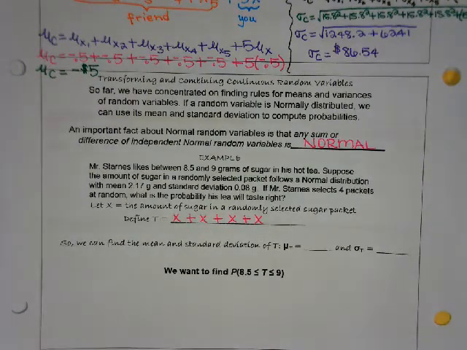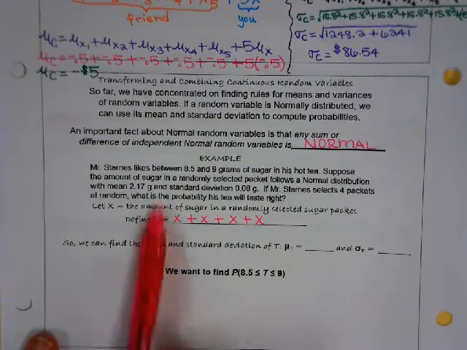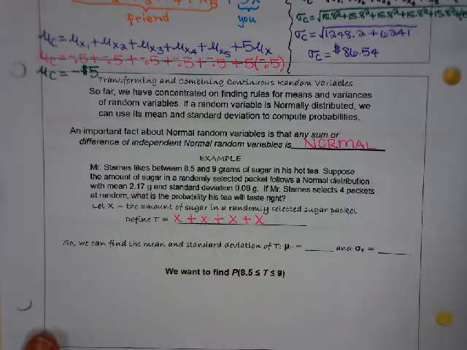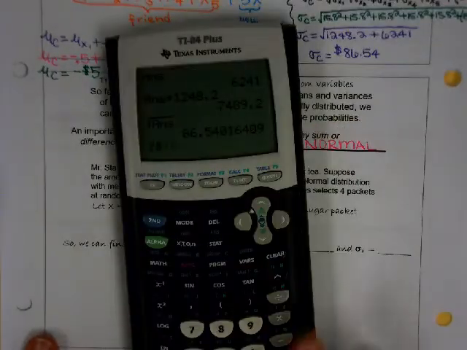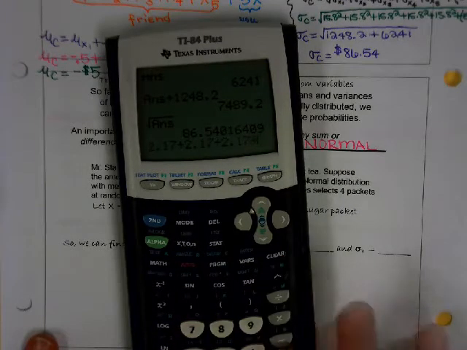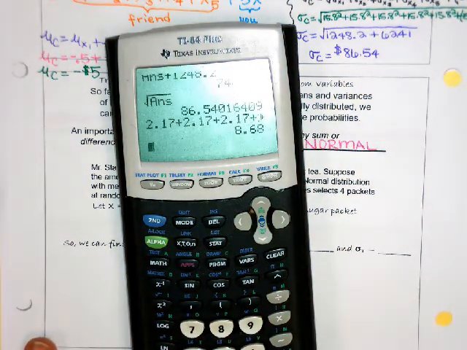So, to find the mean, we're going to add 2.17 4 times because we can just add our means. So we get the mean of 4 packets together is 8.68 grams.